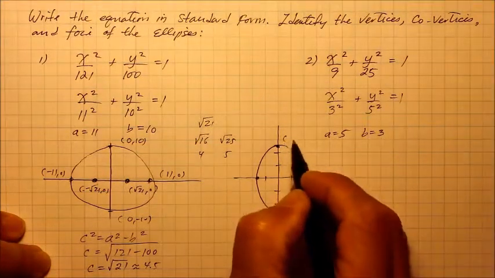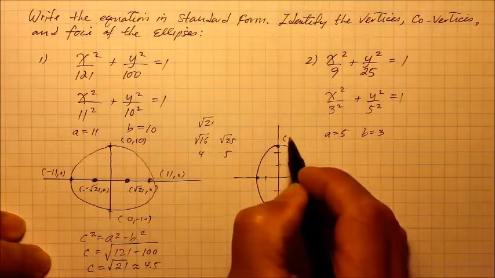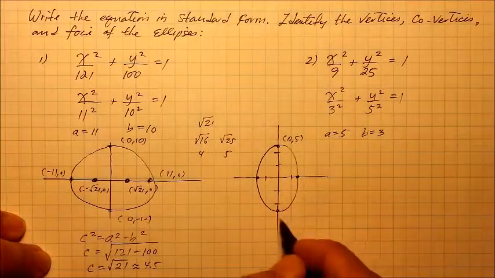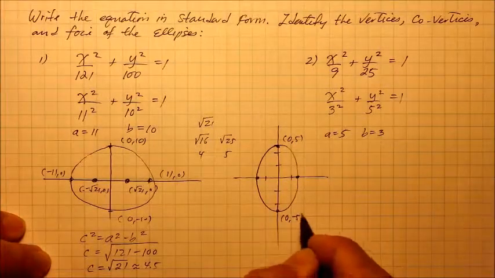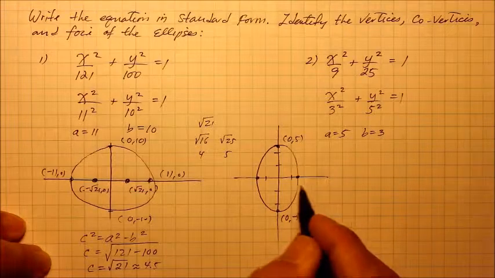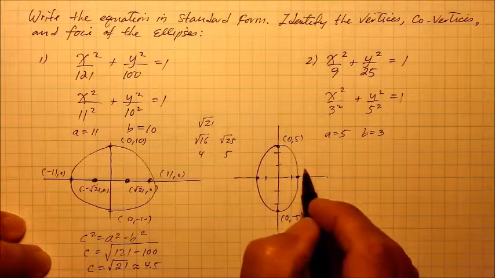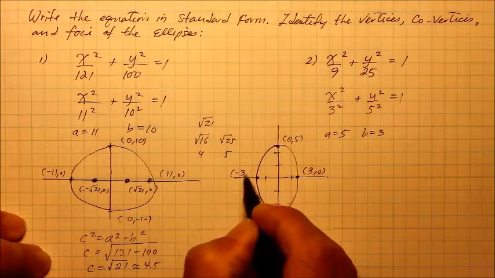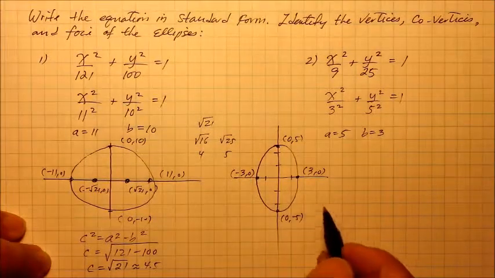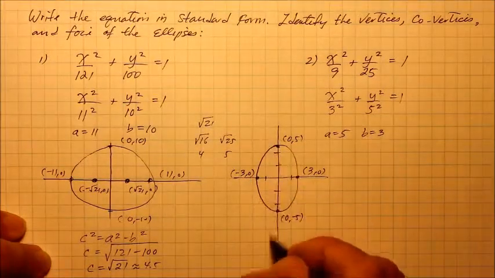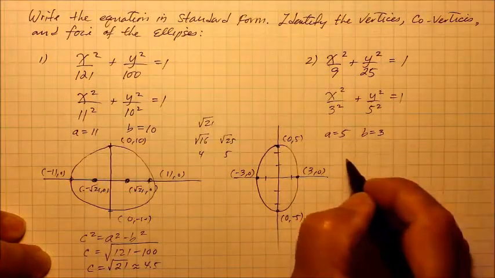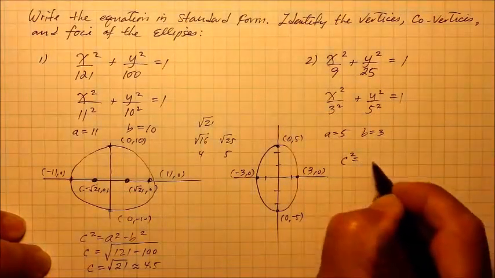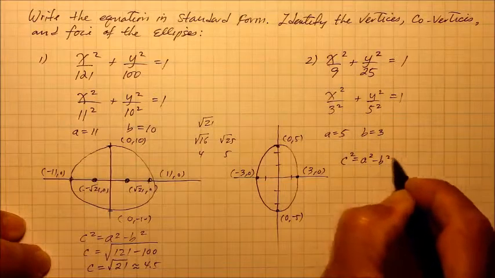So the vertex coordinate is, of course, 0, 5. This is going to be 0, negative 5. Those are the vertices. The co-vertices are right there, 3, 0 and negative 3, 0. And the focus is always along the major axis. So to find that, c squared is equal to a squared minus b squared.